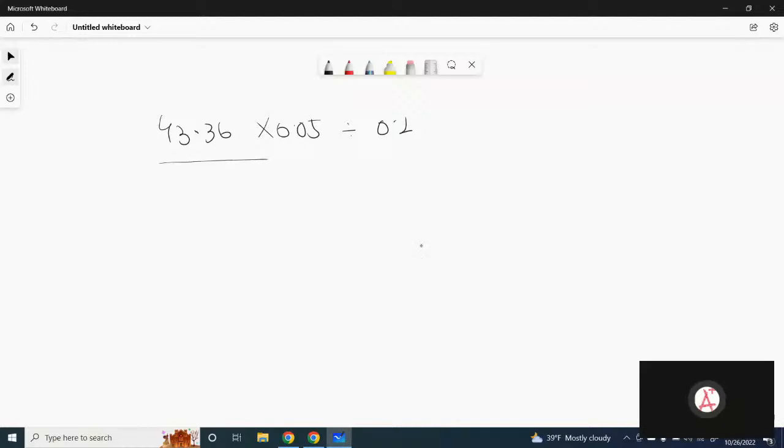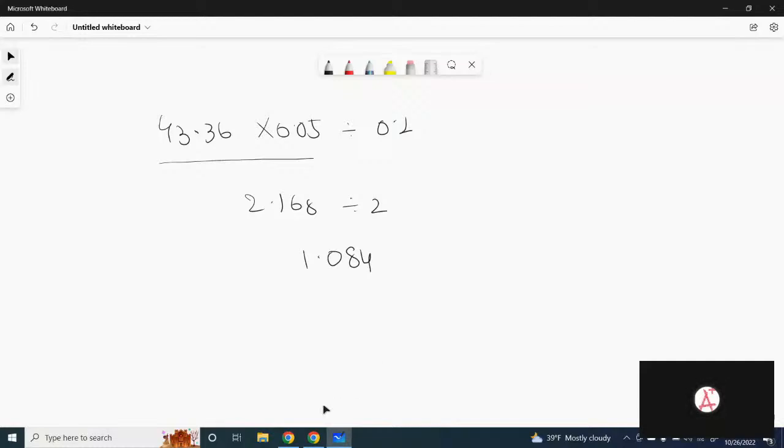Got it? First you have to multiply them. 0.05 times 43.36 would be 2.168. Got it? Now you have to divide them. 2.168 divided by 2 would be 1.084.